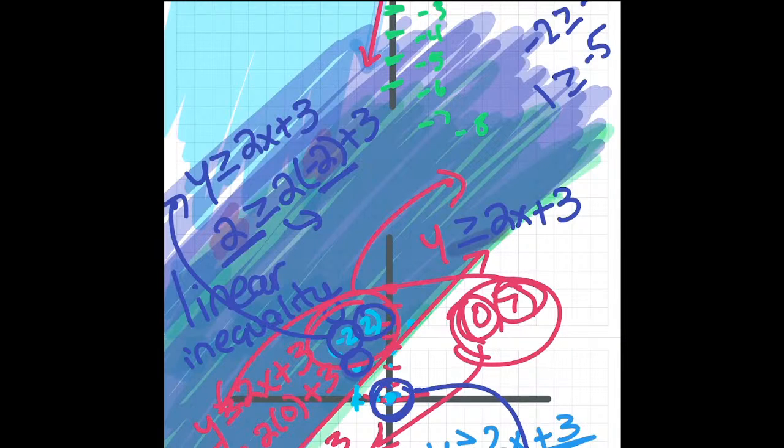Now, 2 is greater than or equal to 2 times -2, which is -4, plus 3. So 2 is greater than or equal to -1. Is that true? Is 2 greater than or equal to -1? And hopefully you said, yes, 2 is a positive number. And yeah, it's bigger than or equal to -1. And that's true.